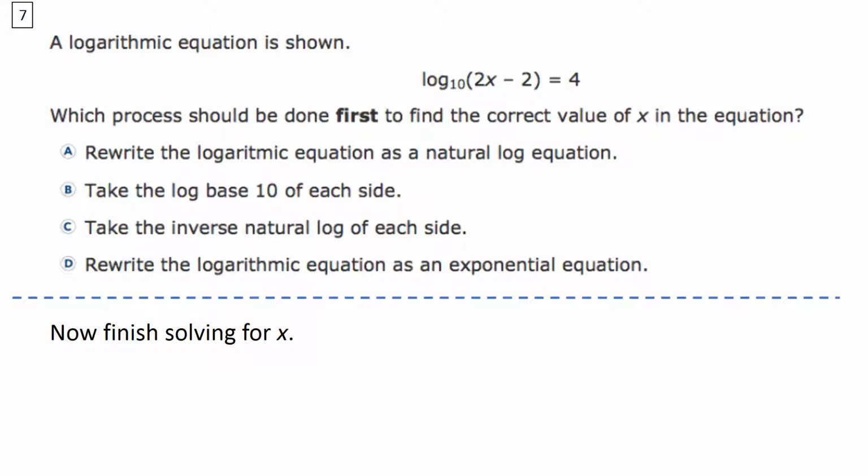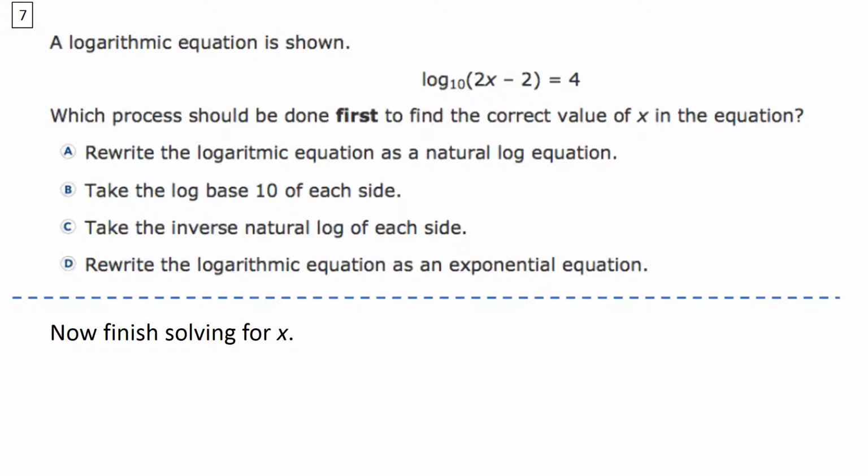So if we look at these, rewrite the logarithmic equation as a natural log equation, well, no, we're not going to do that. It's already got a log. We're not going to put another log on it. Take the log base 10 of each side. Well, we've already got the log base 10 of one side. If it was 10 to a power, that might have been an option. Take the inverse natural log of each side.